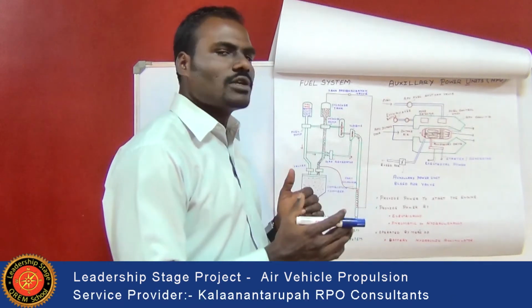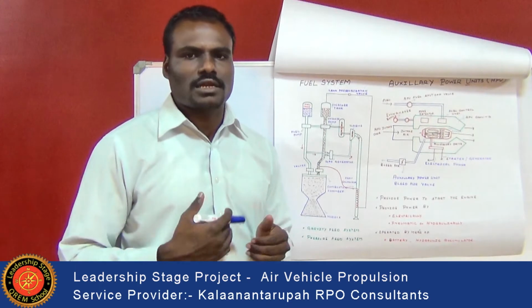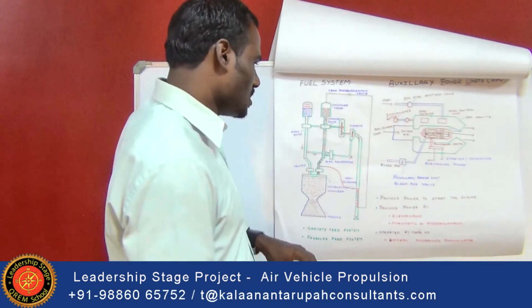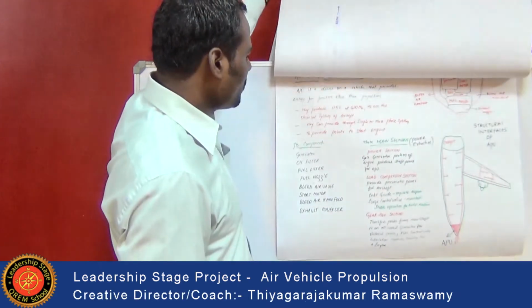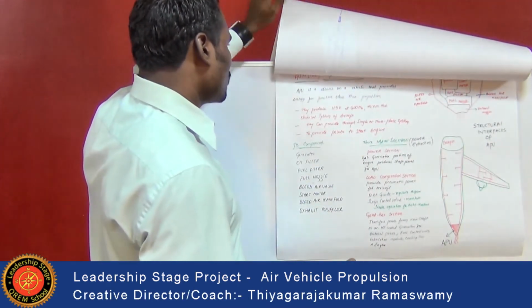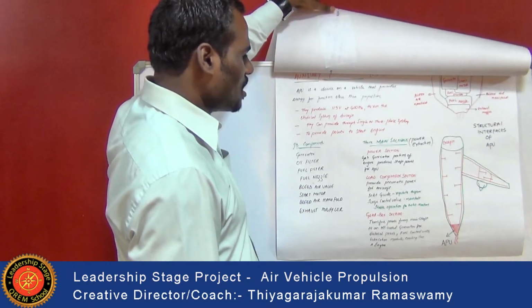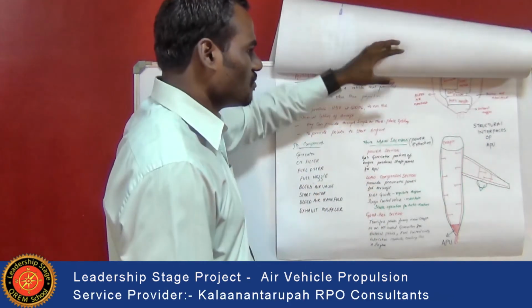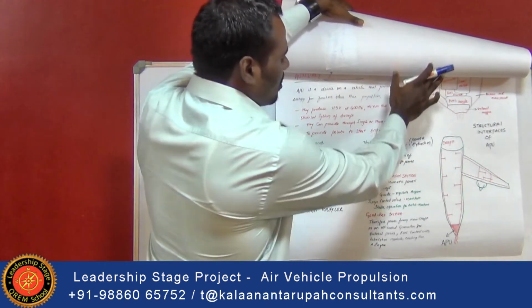So the auxiliary power unit plays a vital role in starting the engine, and it provides the electrical supply to the entire aircraft itself. Now we will discuss briefly what the auxiliary power unit is and how its structural interface will actually be used in an aircraft engine.